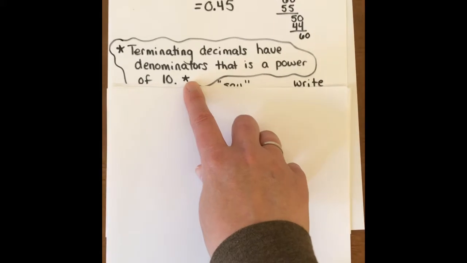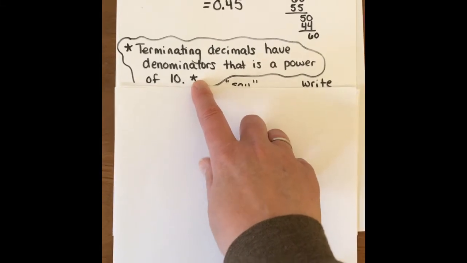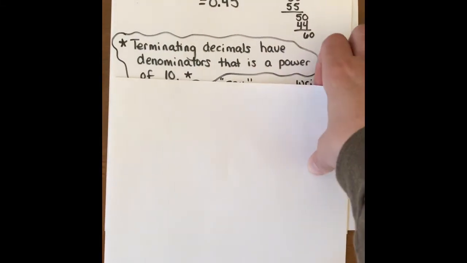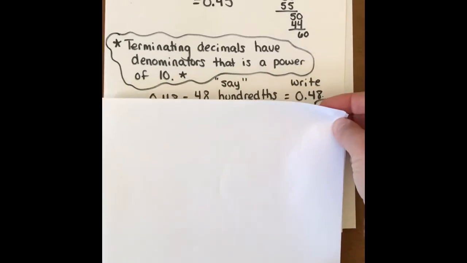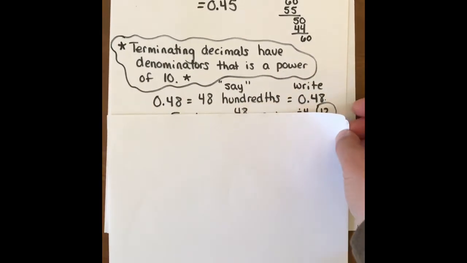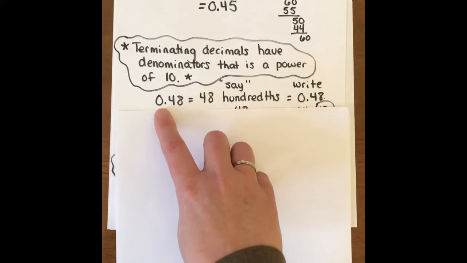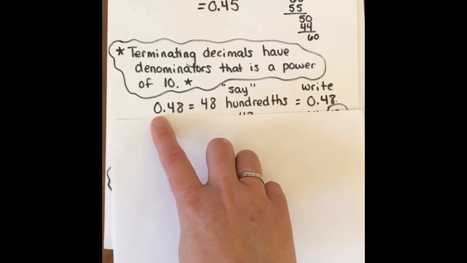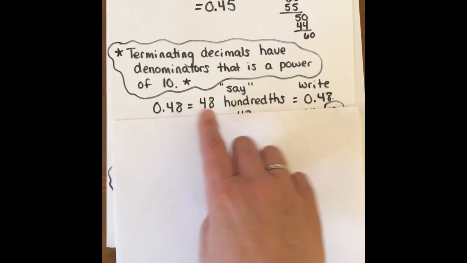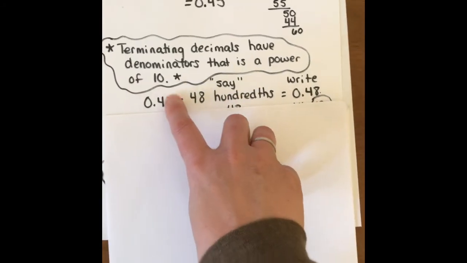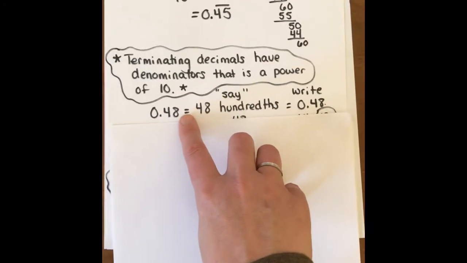Little fact here, terminating decimals have denominators that are a power of 10. So if you're looking at this decimal, 0.48, you say it as 48 hundredths because this is the hundredths place, that's where it ends.